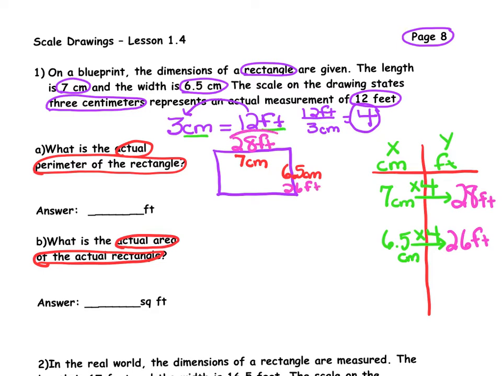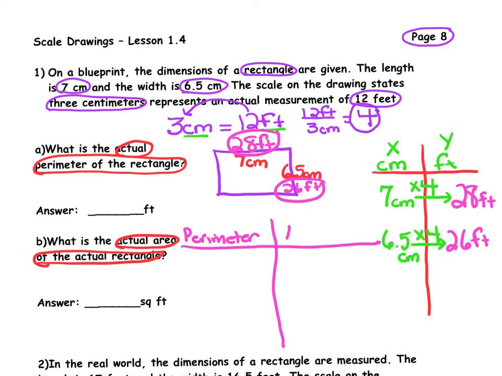We're going to now use these dimensions to calculate the perimeter, and we can make a little T-chart here. We're also going to calculate the area of the flat surface on the inside using the area formula. Area equals base times height.